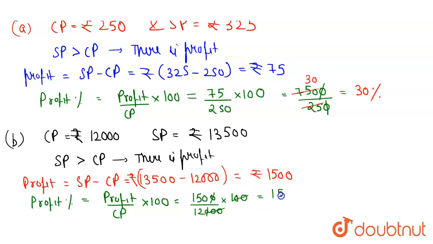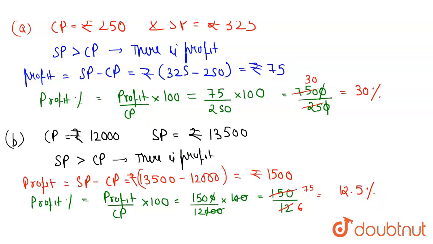So this is equal to 150 by 12. 2 times 6 is 12, and 2 times 75 is 150. So if I divide 75 by 6, it will be 12.5%. That means there is a profit of 12.5%.